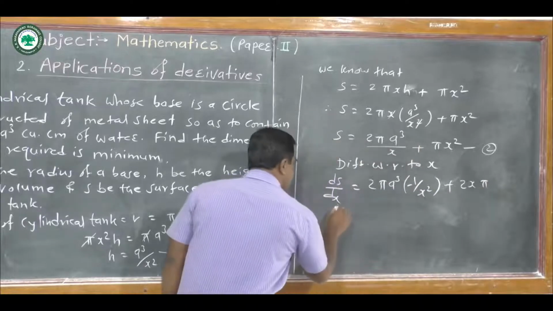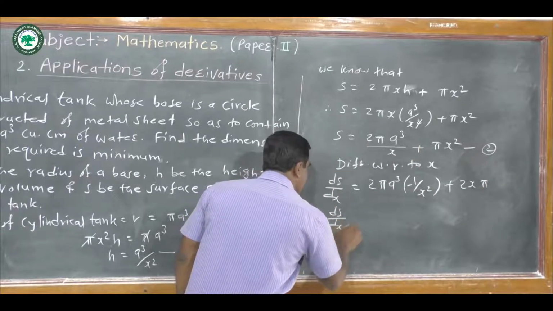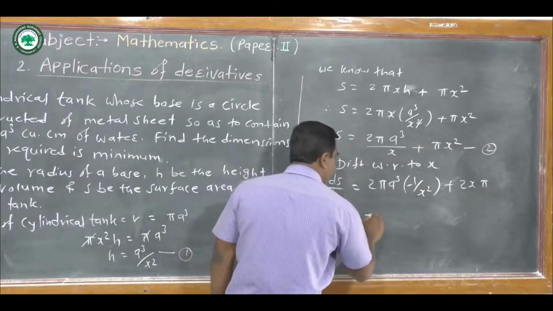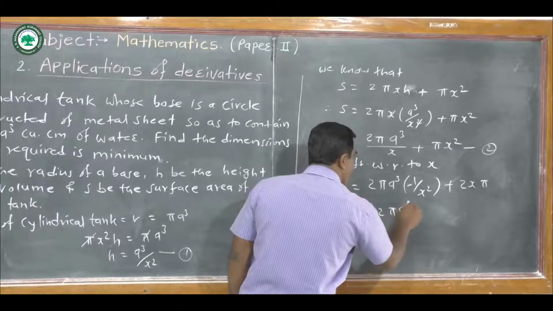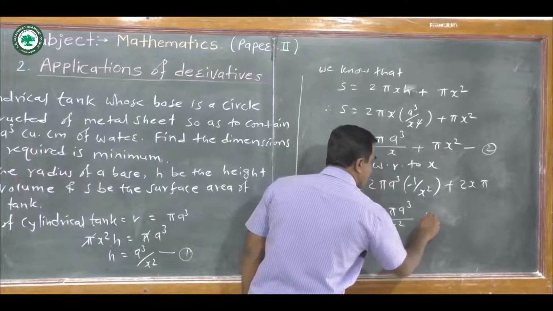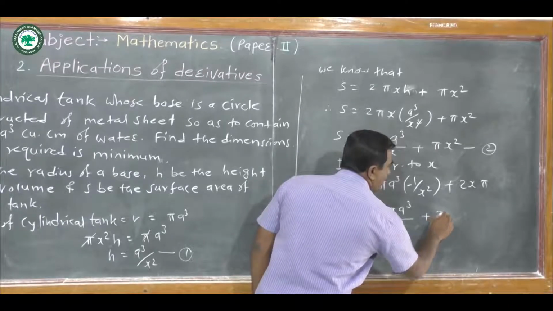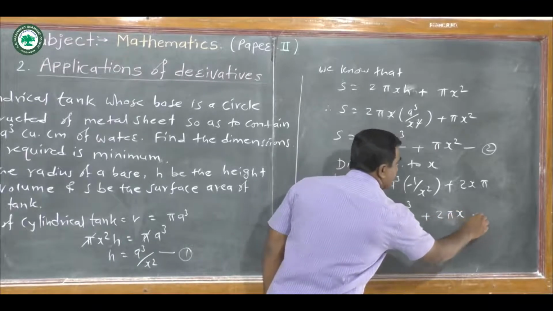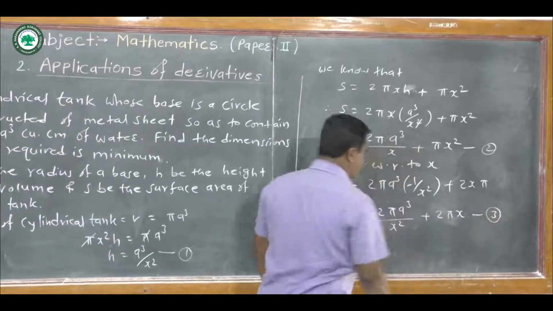That is ds by dx is equal to minus 2 pi a cube upon x square plus 2 pi x. Say equation number third.